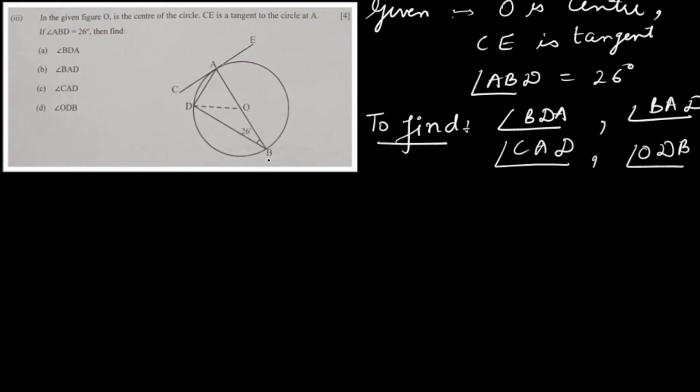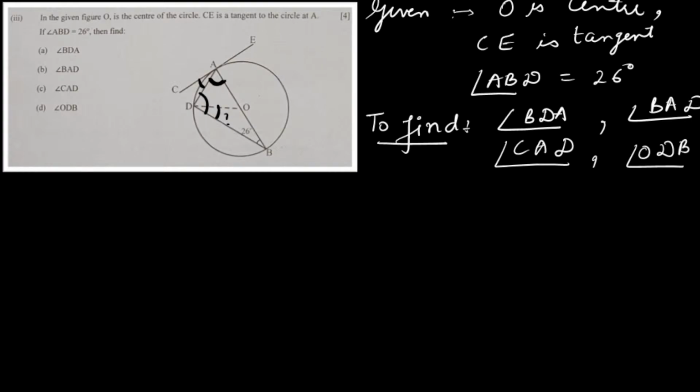BDA is this angle, angle BAD is this one. The angle I am highlighting now, CAD, is outside, the angle between chord and tangent. ODB is this angle. So we have to find these angles.